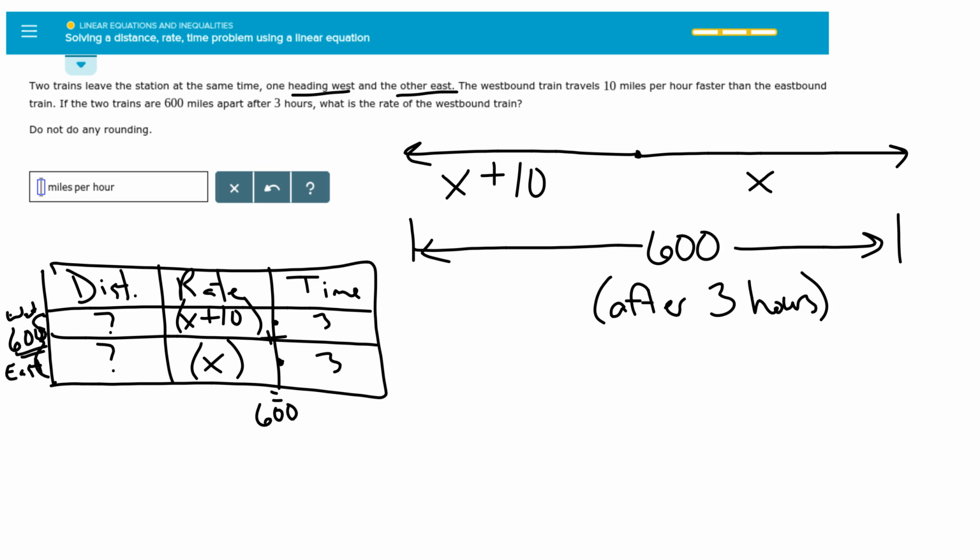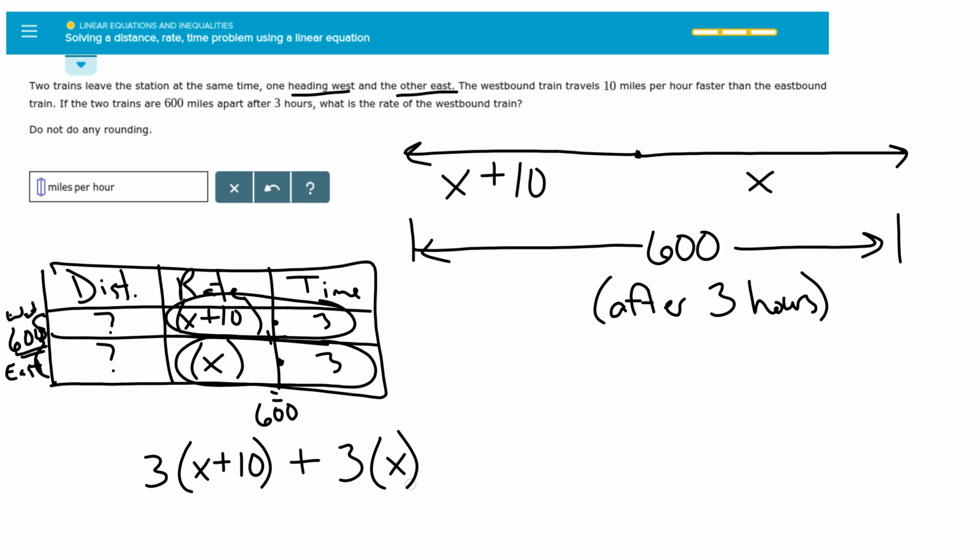So here's how I would set this up. Take the westbound train, 3 times x plus 10, and then add the eastbound train, 3 times x, and set that equal to 600.